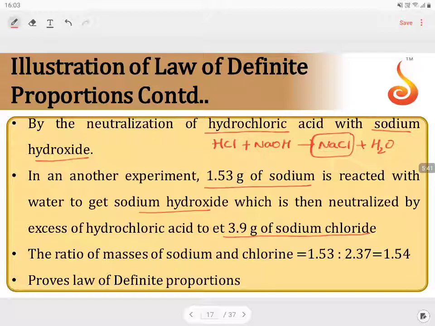So the mass of chlorine is the mass of sodium chloride, 3.9, minus the mass of sodium, 1.53, which equals 2.37. Now we take the mass ratio of sodium and chlorine. It ends up as 1.53 is to 2.37, which is again 1 is to 1.54, exactly the same as before. So this is called the law of definite proportions.